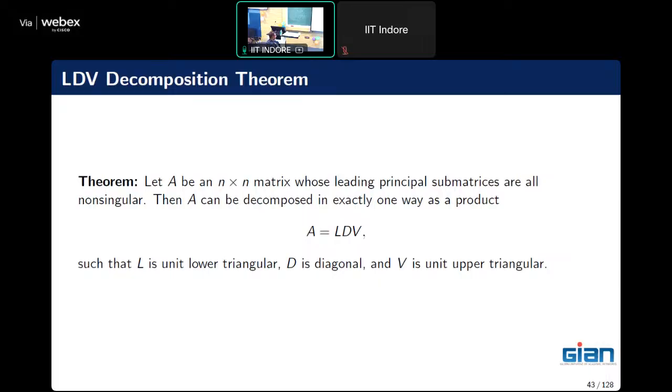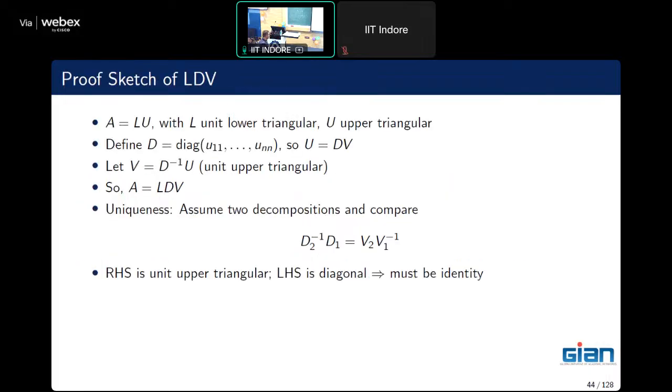Now with this, the proof is a small thing. You just write down L and D equal to the diagonal of U, and you put U equal to DV and V equal to D inverse U, because D inverse will exist since this is a non-singular matrix and the diagonals are non-zero. Then you can find A equal to LDV.